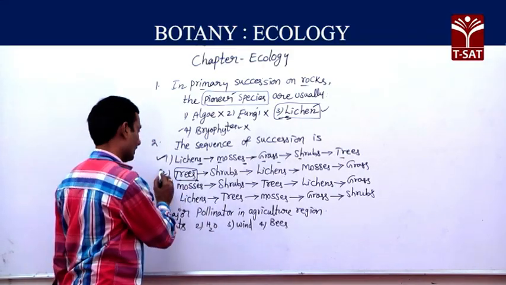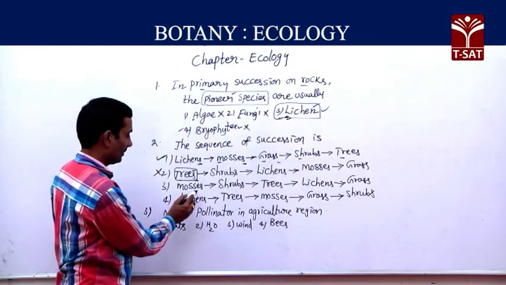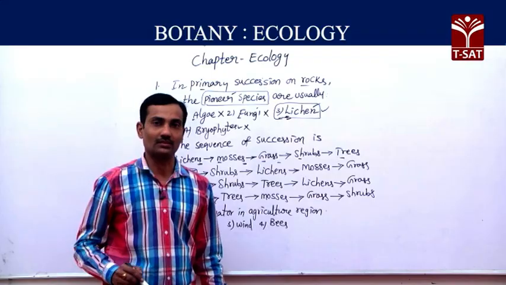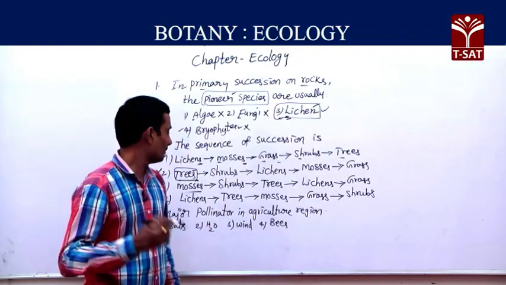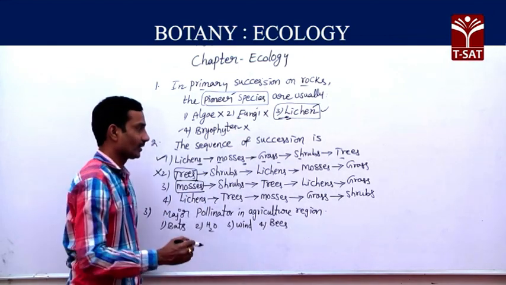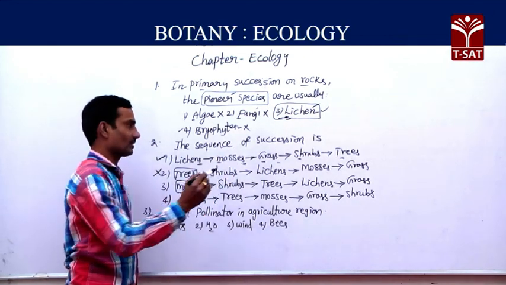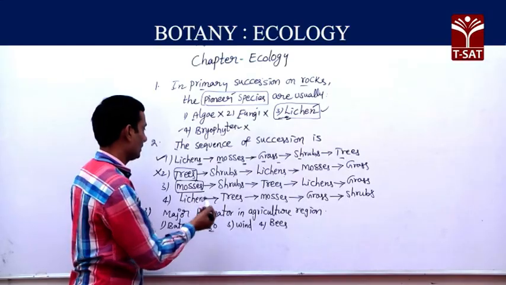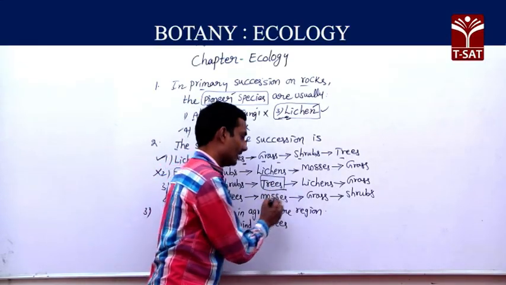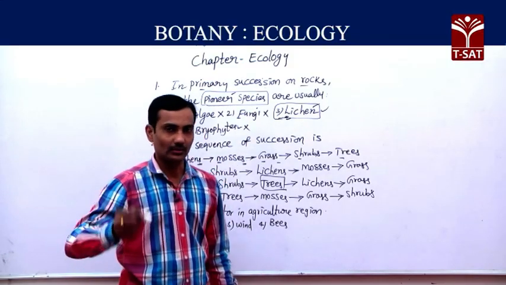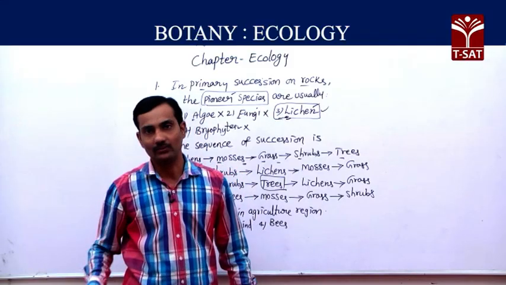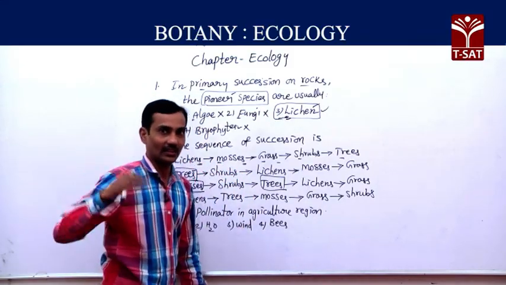So it is wrong. In the third option, the first stage is mosses. We cannot find mosses first, because on bare rocks primary succession begins with lichen. And here trees are in a middle stage. Usually huge, large, big trees we can find at the end of succession, that is the climax community.